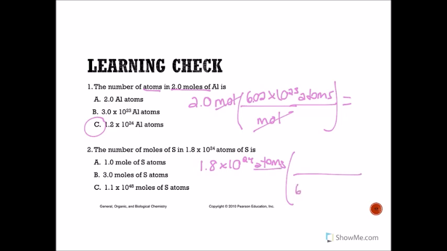We know we're going to need to write 6.02 times 10 to the 23 atoms on the bottom, which means moles need to go on top. Atoms cancels off then, and we get 2.99003.